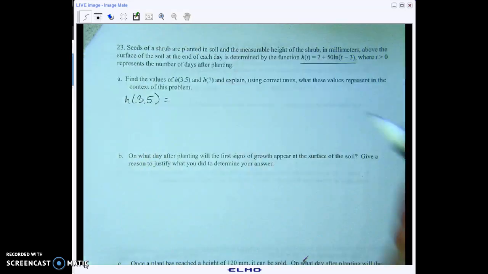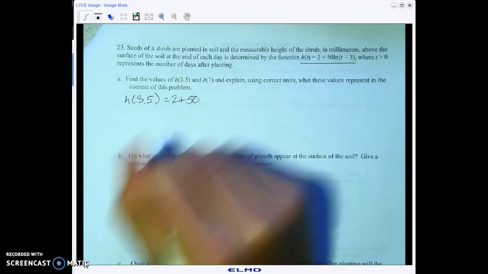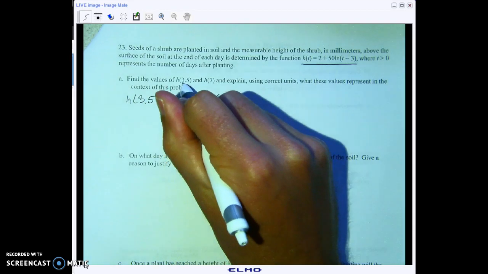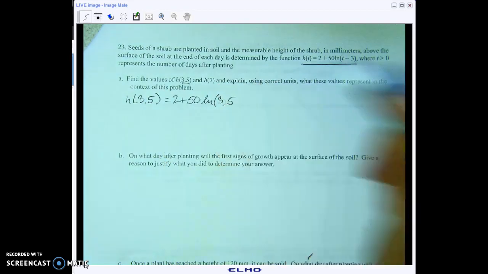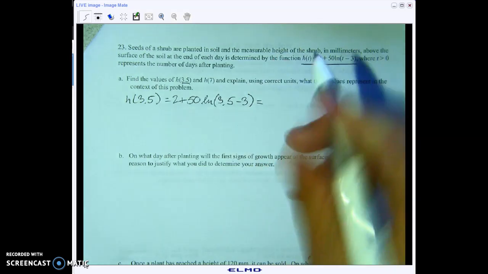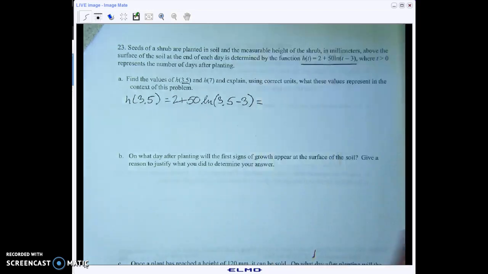Okay, well, h of 3.5 is just going to be, well, look at the function. That's 2 plus 50 times the natural log of t, where t is replaced with 3.5. And what does that turn out to be in your calculator? Well, 2 plus 50 times the natural log of 3.5 minus 3, which is just 0.5, right? We get negative 32.66.